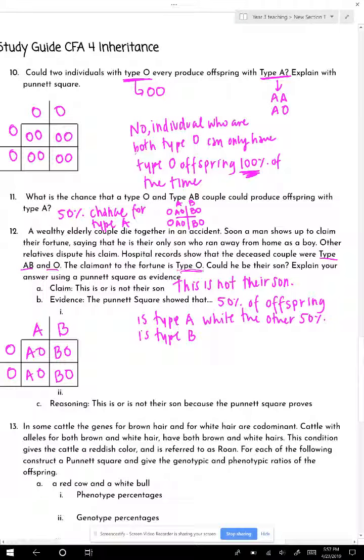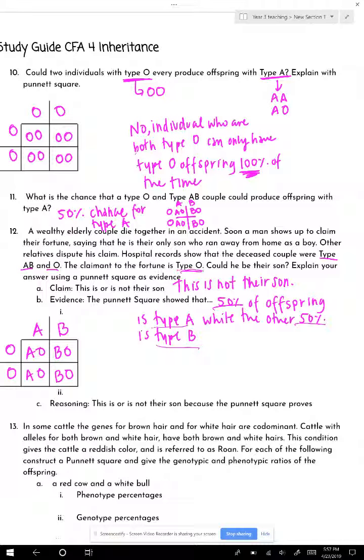So in showing and talking about percentages and what type they are, I'm using that Punnett square as my evidence. And now I'm going to get into my reasoning and explain it. Being able to explain it is really the meat of this, right?